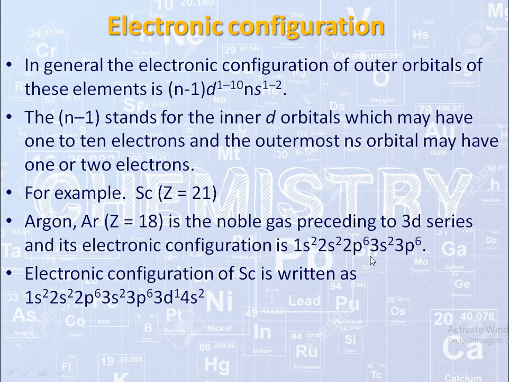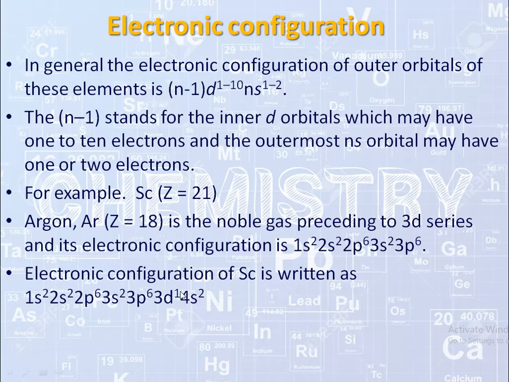So, we know that according to the Aufbau principle, the electrons first fill the 4s orbital before going to the 3d orbital. So, the next 3 electrons from argon to scandium first enter the 4s orbital, then the last 1 electron enters the 3d orbital.